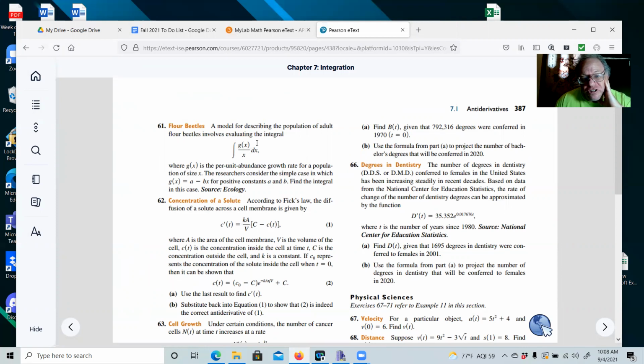So this is the marginal, the rate of growth that they're talking about here. And in this case, we're going to say g of x is a minus b x. They got to tell us this stuff. Otherwise, remember, you can't just integrate. You've got to use a rule. If they're going to tell us this, they got to tell us some more stuff. So this is to find the integral in this case.